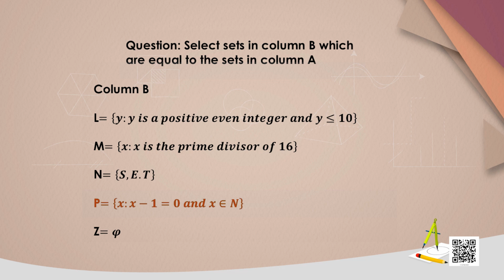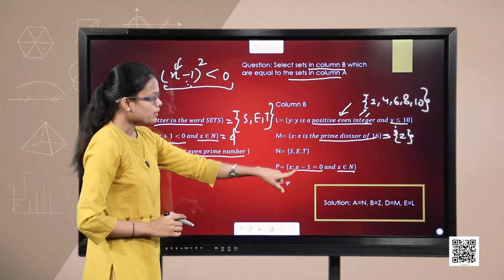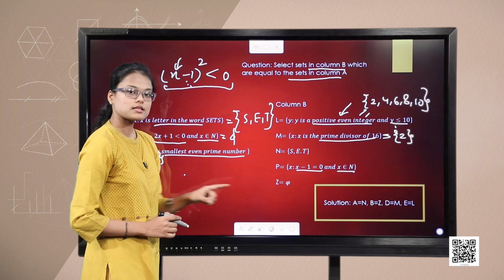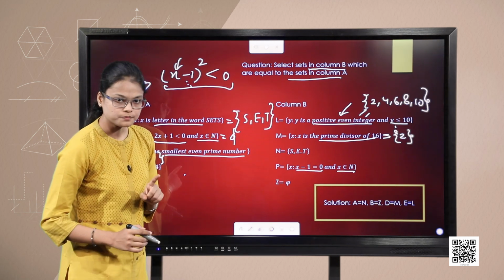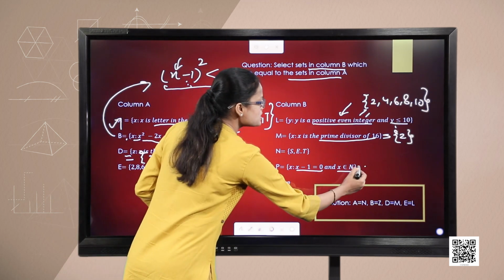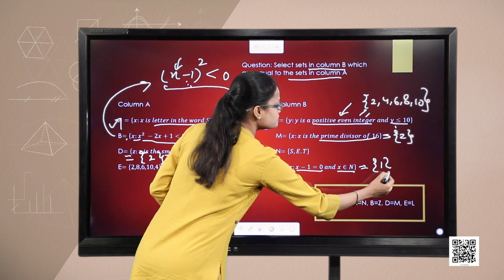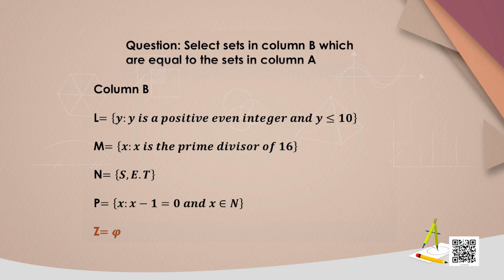And what kind of solution? Natural solutions. And we know on solving it that it consists of only one element which is 1. And Z is an empty set phi.